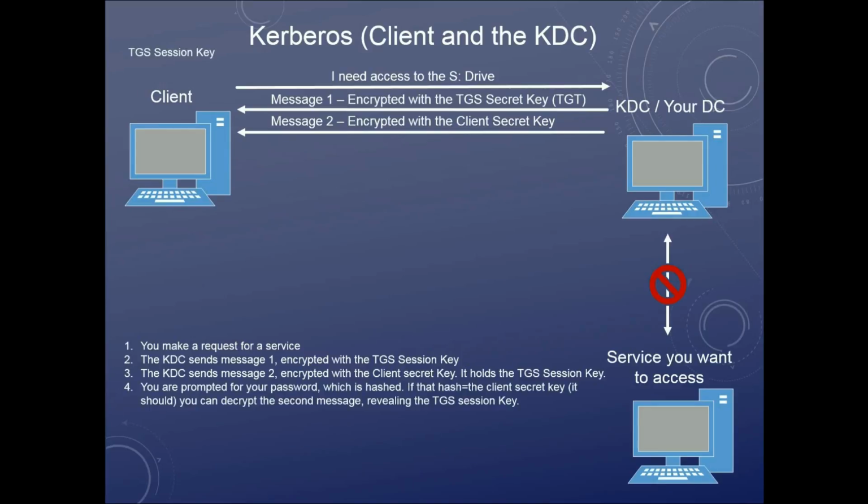Now, what's going to happen at this time is you're going to be prompted to insert your password. You type in your password. Your machine is going to hash that password and possibly even salt it.